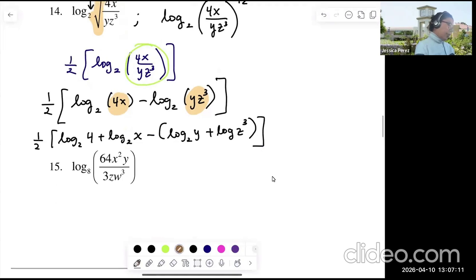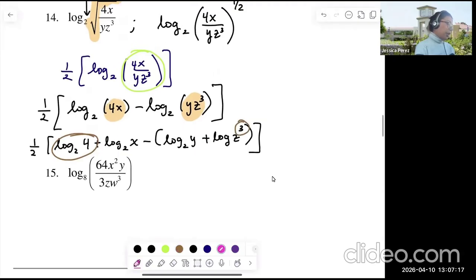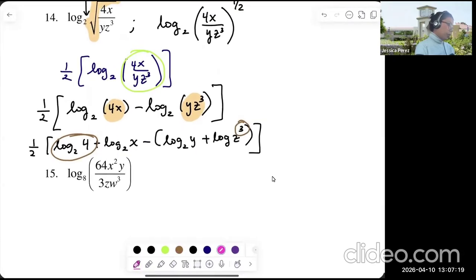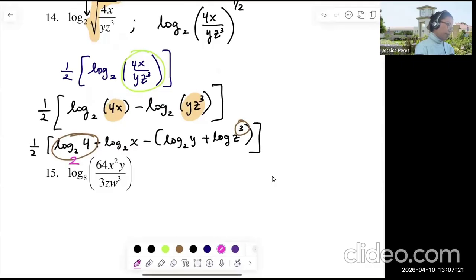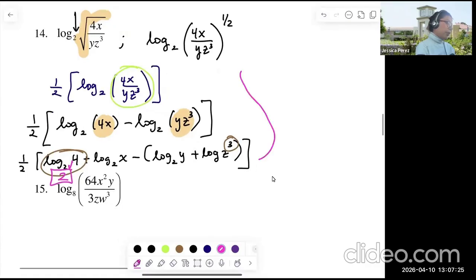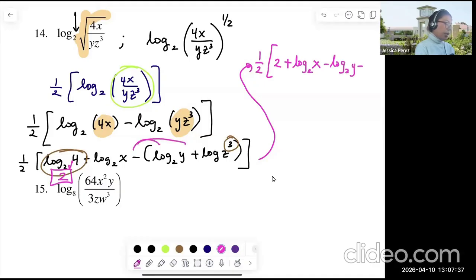Now I'm going to simplify this log base 2 of 4, and this 3 will come to the front. So finally, log base 2 of 4 is 2 because 2 squared is 4. So this will simplify. I'm going to rewrite it over here. I will have 1/2 times 2 plus log base 2 of x minus log base 2 of y minus, because I'm distributing, 3 log of z.